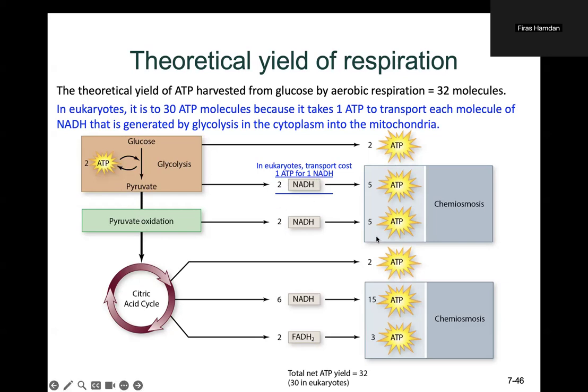So what happens is an NADH will then go into your electron transfer system. It's going to pass its electrons, and they're going to create ATP through chemiosmosis.